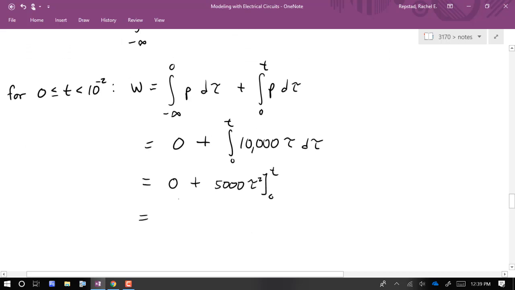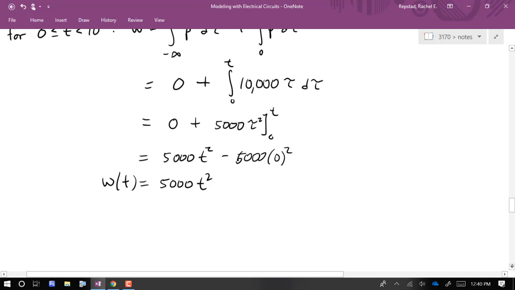And of course, I'm going to just ignore the 0 now. And this is 5,000, and now I'm plugging in t for tau, so t squared minus 5,000 times 0 squared, and this gives us 5,000 t squared. So we do in fact get a function of t when we're finding energy.